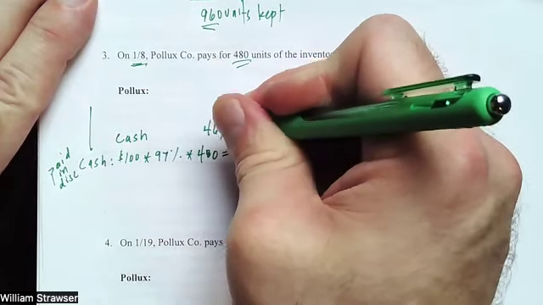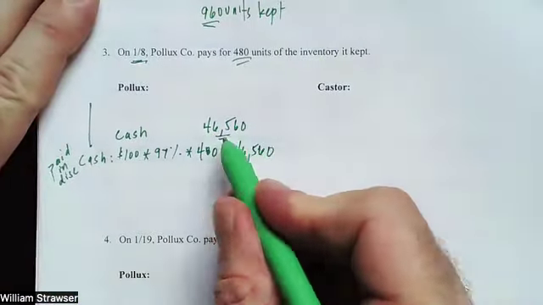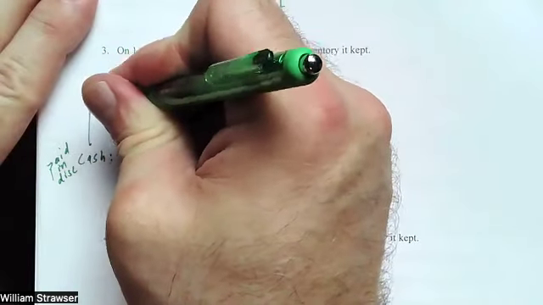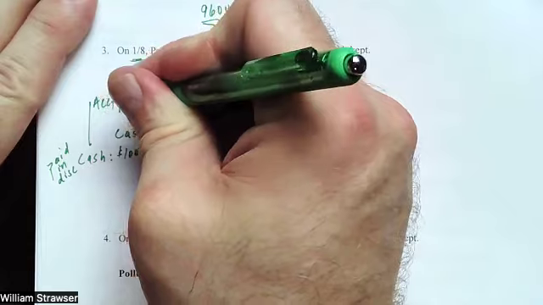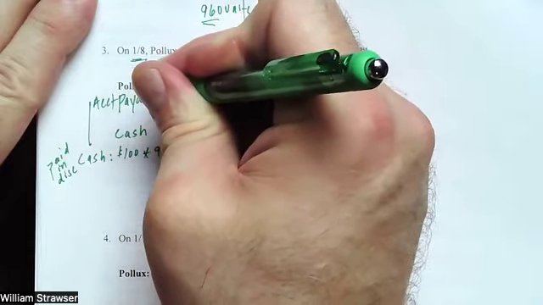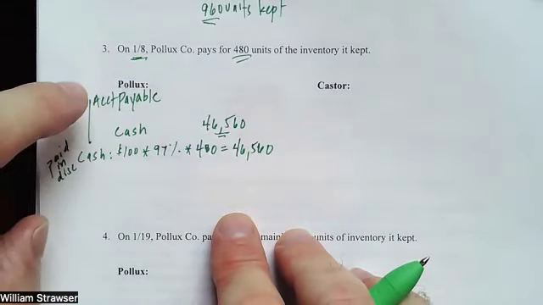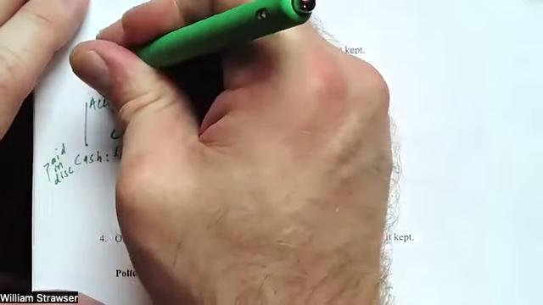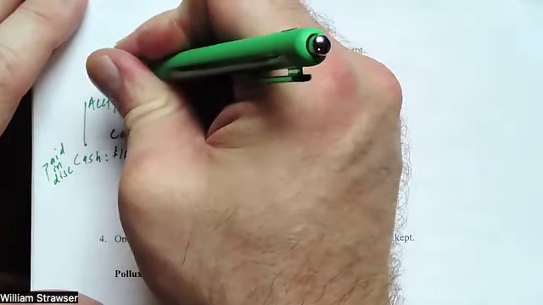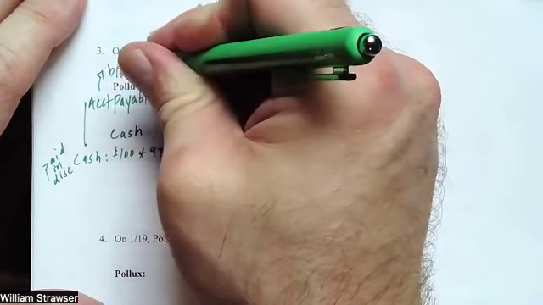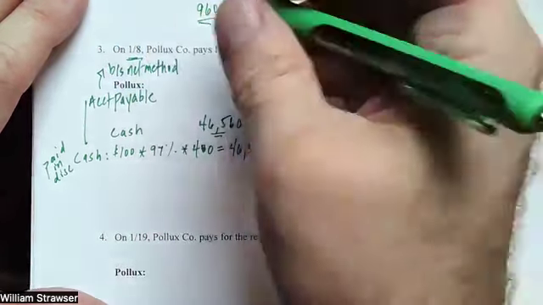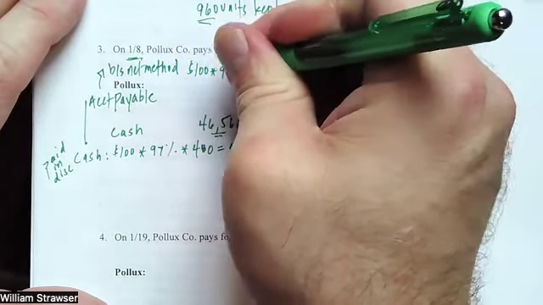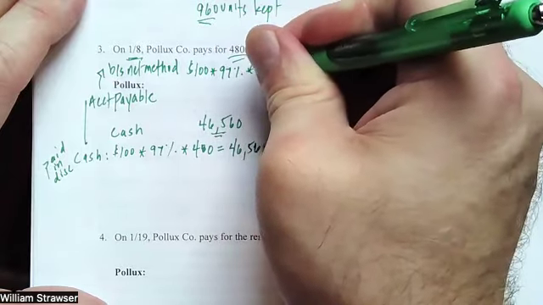Now the question becomes how much does this cash pay off in terms of the payable? Well, what did we record the payable at? Was it full price or net of discount? And because Pollux is going with the net method, we would record this at the discounted price as well. 100 times 97% times the 480.